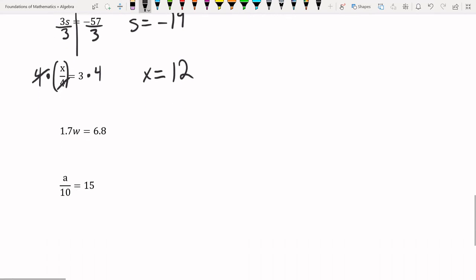All right, next one. 1.7 times w equals 6.8. I'm going to divide by 1.7 on both sides of the equation. 6.8 divided by 1.7, that gives us 4.